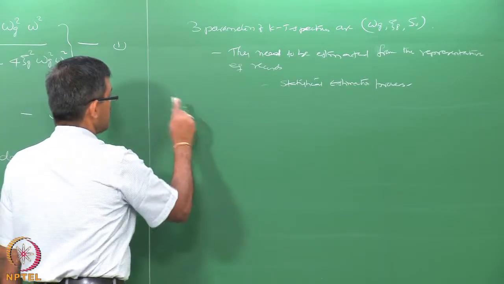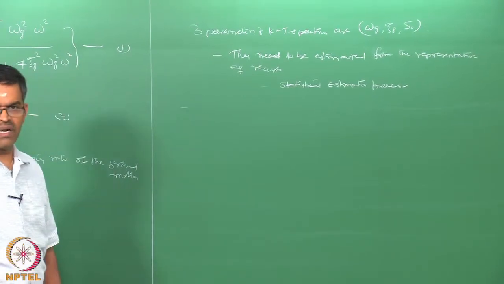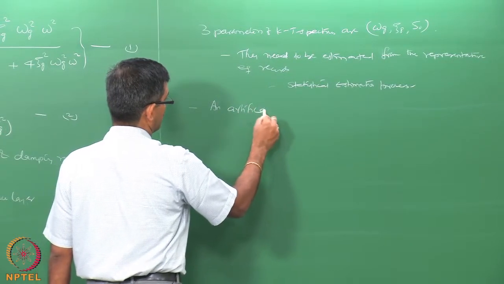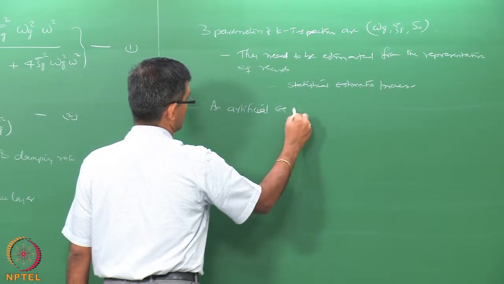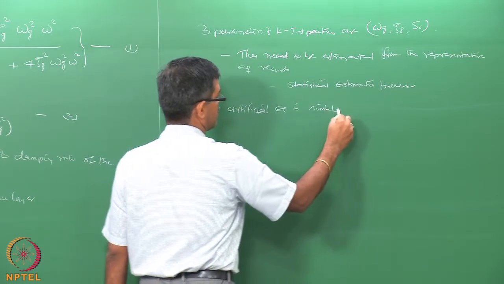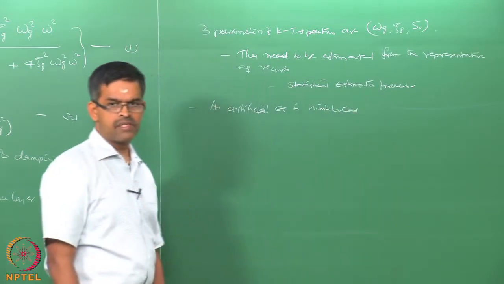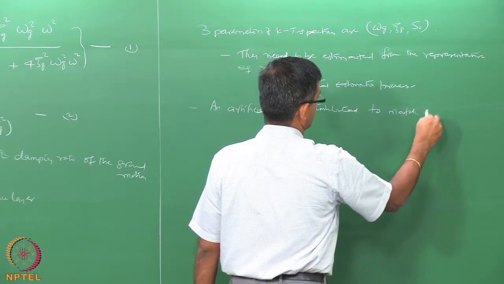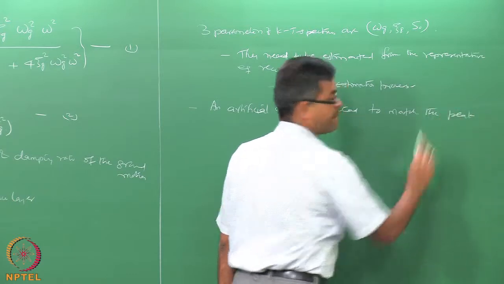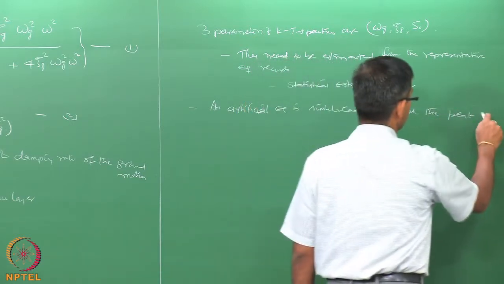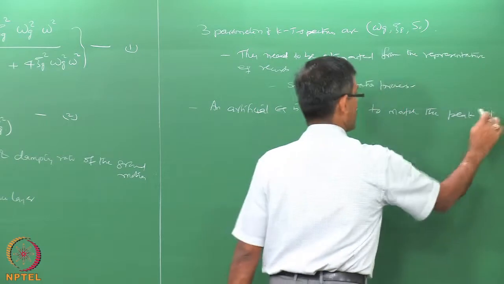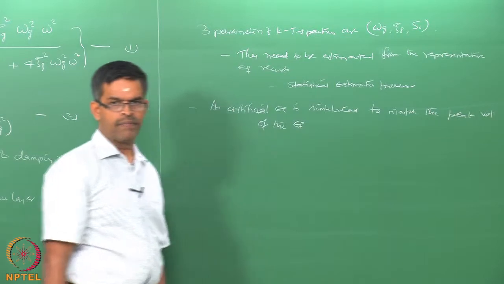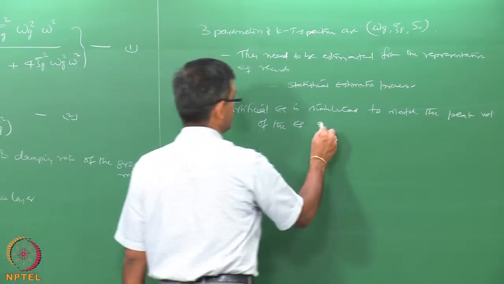Now, in this study an artificial earthquake is simulated to match the peak velocity of the earthquake that occurred in the Gulf of Mexico.